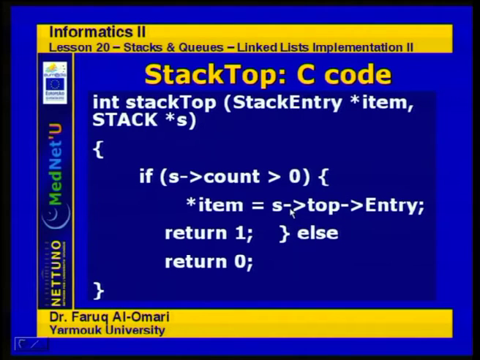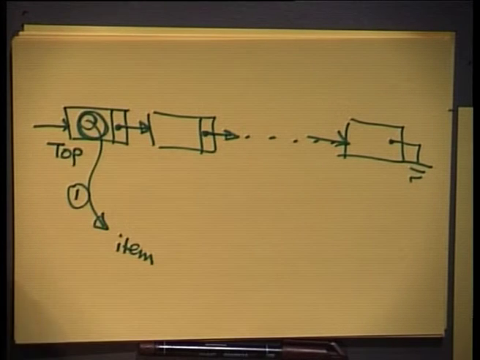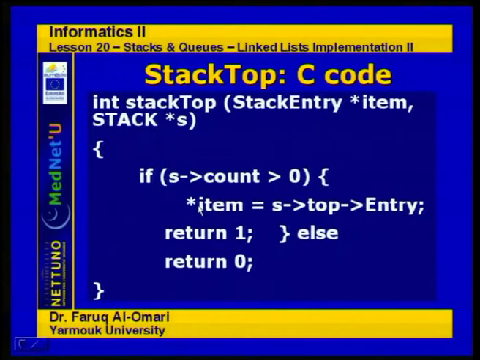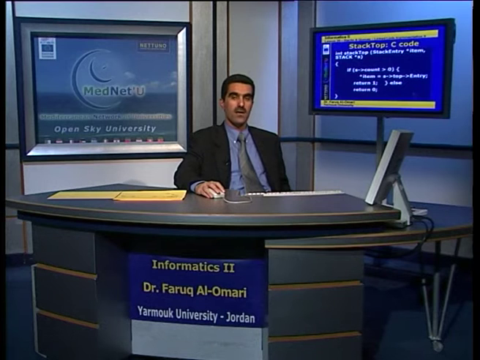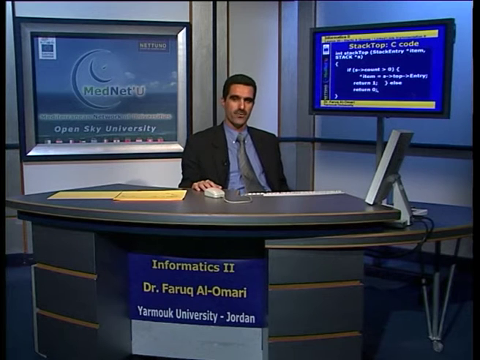So go to S, arrow top, arrow entry inside this. Take whatever data in there and place it in the memory pointed by pointer item. And then return 1, simply. That is in case when I have count greater than 0. However, if count equals 0, that means the stack is empty, and in that case, I'm going to return 0, saying it's an unsuccessful return. Very simple and straightforward.